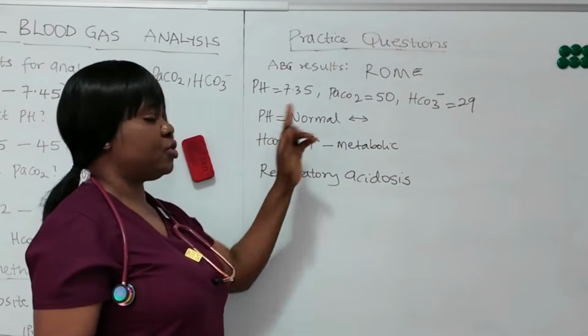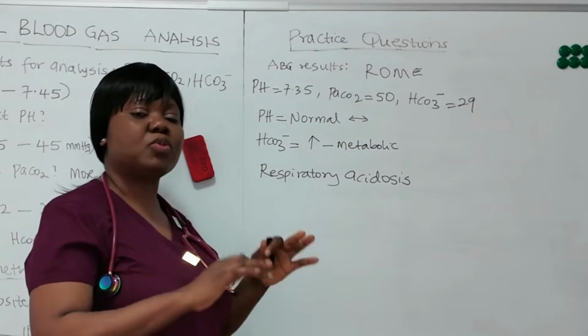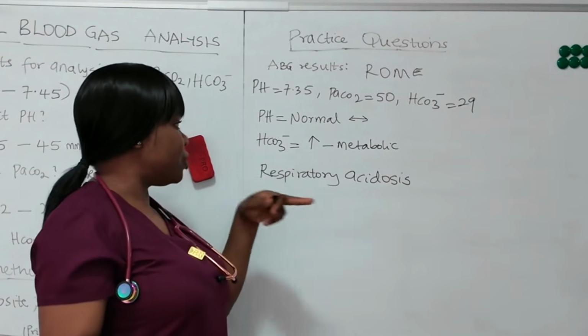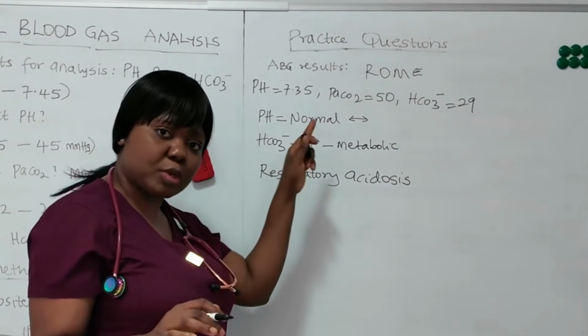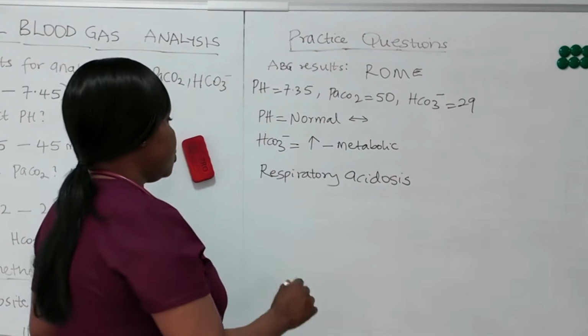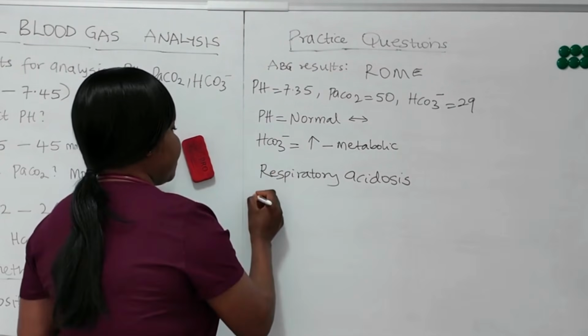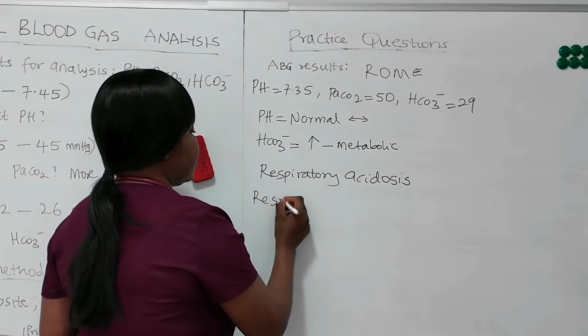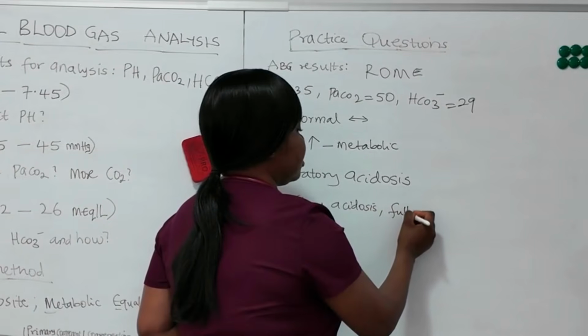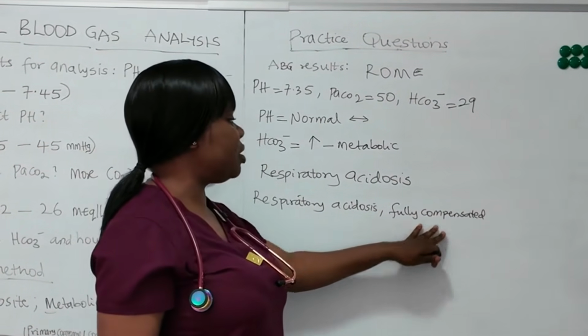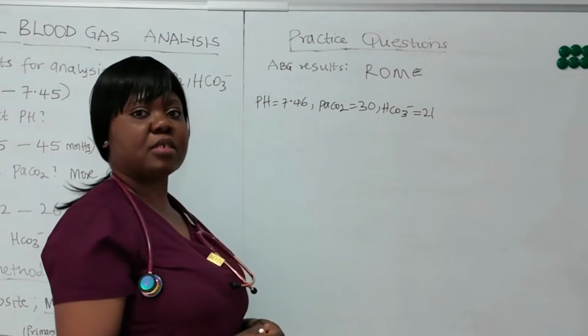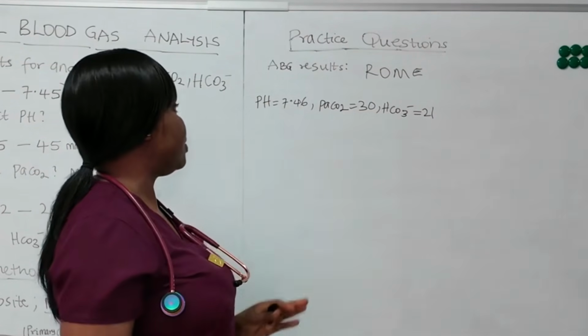Whenever the pH is normal and we could see that the kidney is compensating, it's going to be a full compensation because the pH is normal. So the final answer will be respiratory acidosis fully compensated. So that would be the final answer. Respiratory acidosis fully compensated.